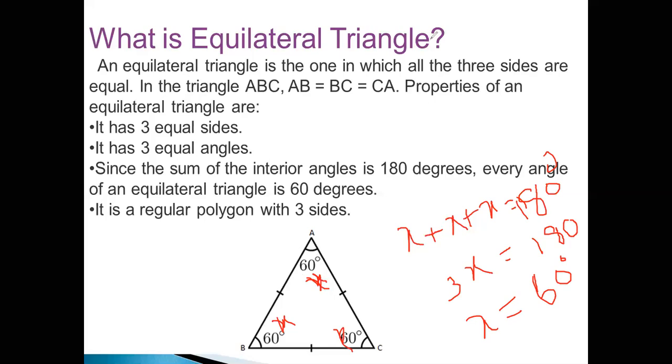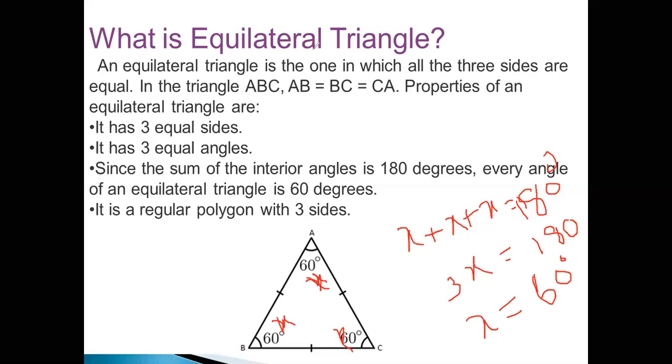So we got that if in a triangle all the sides are the same, that is, all the line segments are the same, then it is called an equilateral triangle. If all the sides are the same, then all the angles are the same.